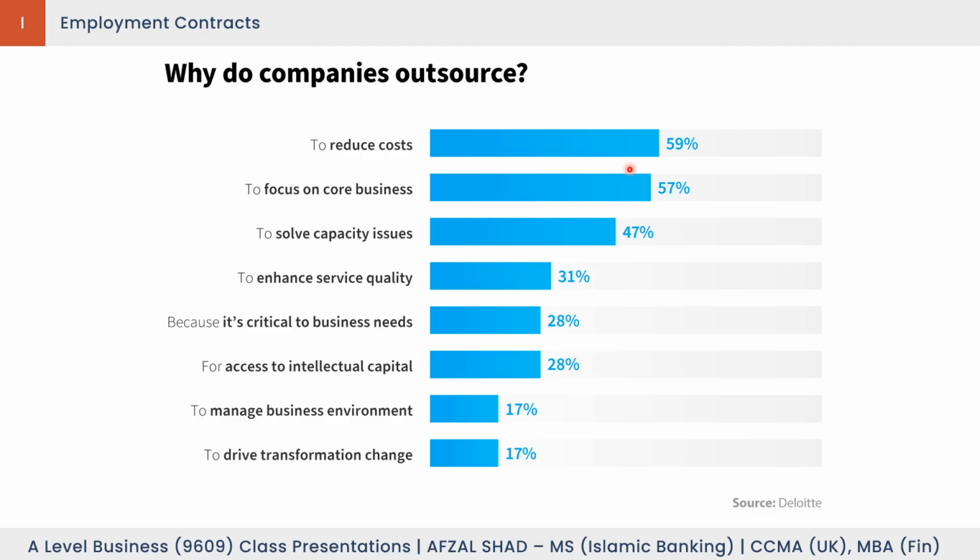For example, advertisement, social media management, HR, hiring and firing. These things are normally outsourced to third parties or other businesses. Why? Because it is purely economical for us to outsource, because we are going to incur less cost compared to paying the salaries to the employees and managing them. So these are the main reasons why they believe that companies outsource.